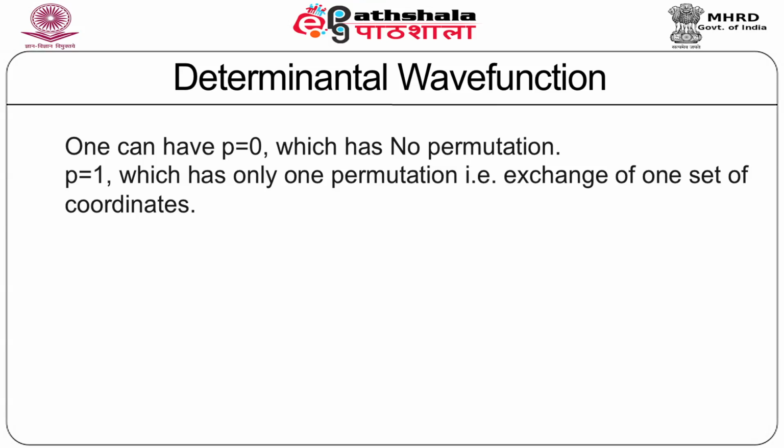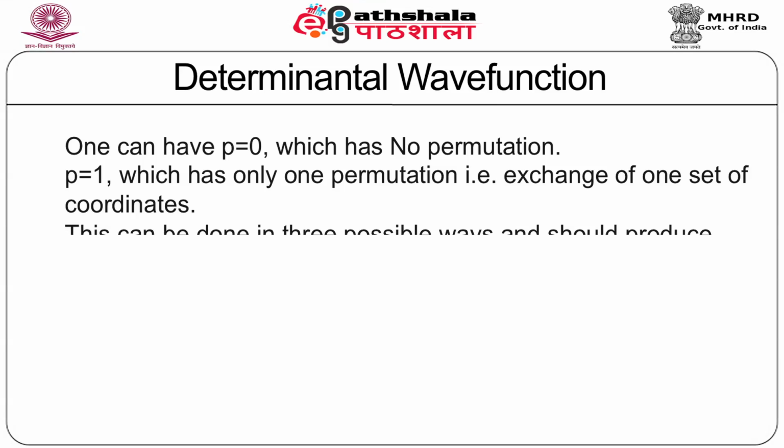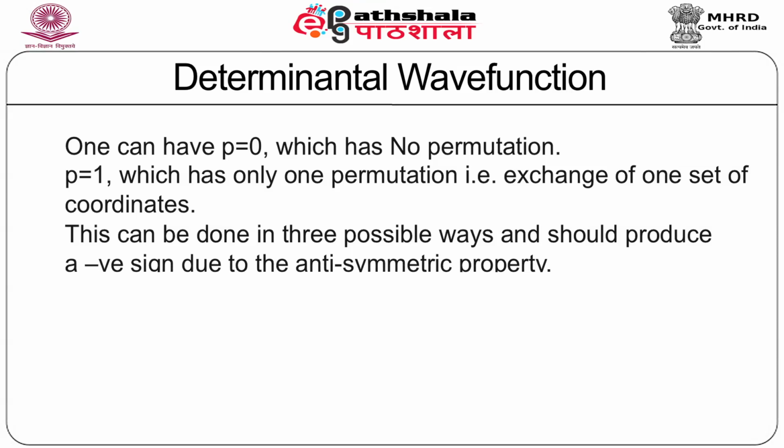Then for p equal to 1, there is only one permutation, that is, exchange of one set of coordinates. This can be done in three possible ways and should produce a negative sign in front of the wave function due to the antisymmetric property.